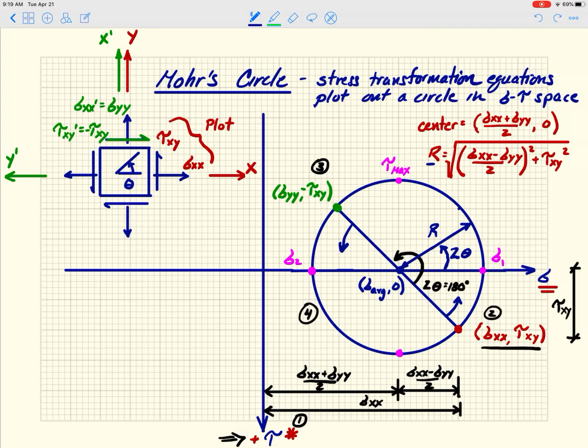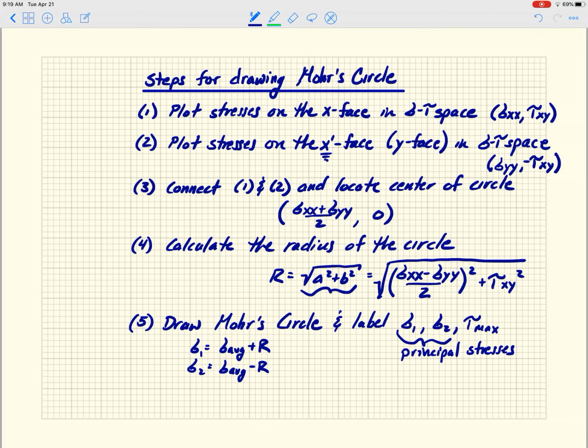Those are respectively the maximum and minimum normal stresses, the bounds within which the normal stress can be for this particular state of stress at a point. And then tau max is always equal to the radius of the circle. So tau max is always going to equal R.